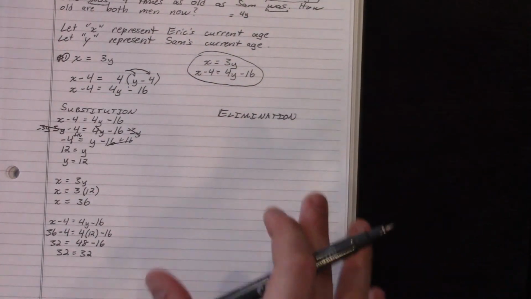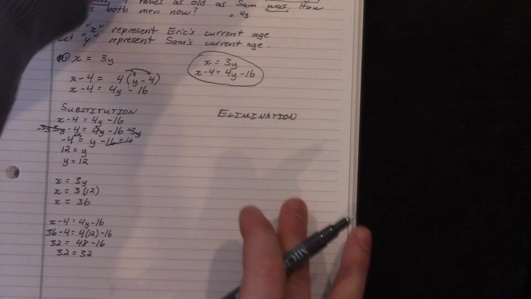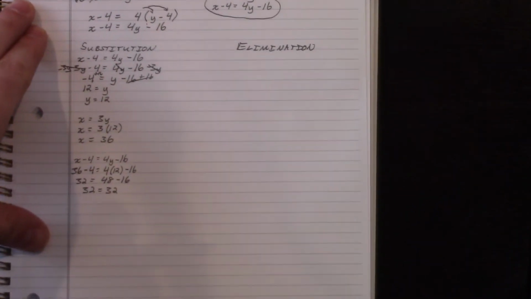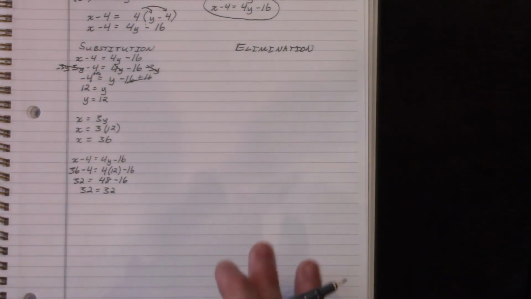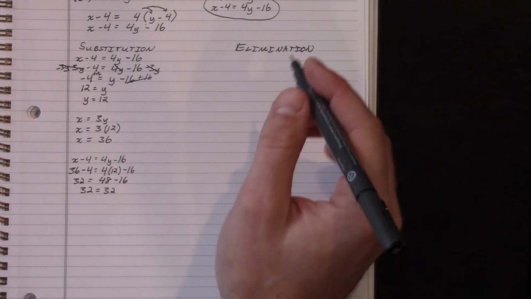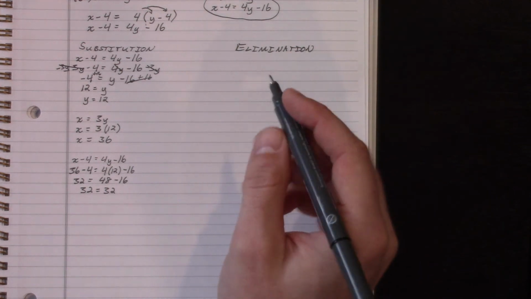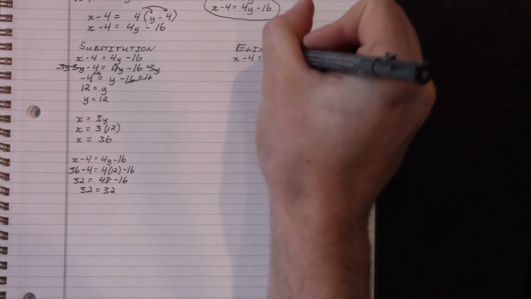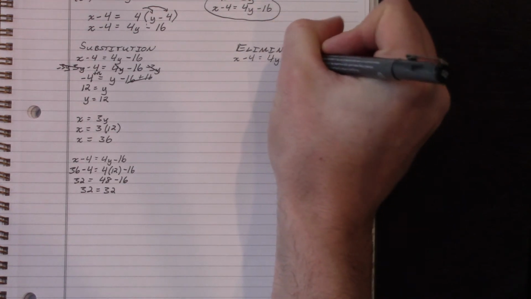Now over here with elimination, if I can get it back in about the right spot, like this. So if I wanted to have used elimination, same thing. I'm going to take my x minus 4 equals 4y minus 16.